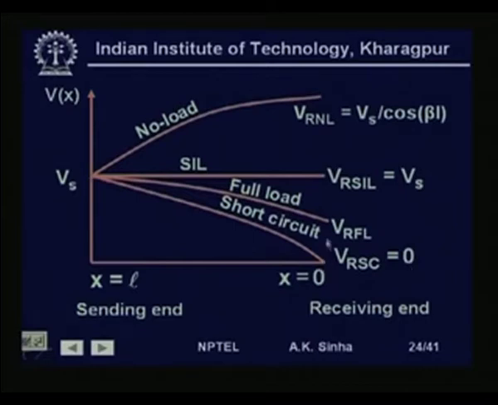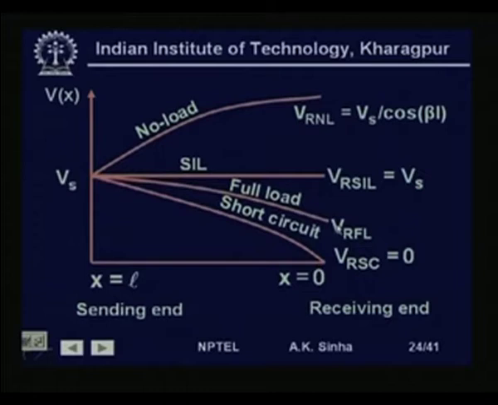When the line is loaded at some loading other than the surge impedance loading, generally lines which are not very long can be loaded more than the surge impedance loading, that is, full load for not very long lines will be larger than the surge impedance loading.